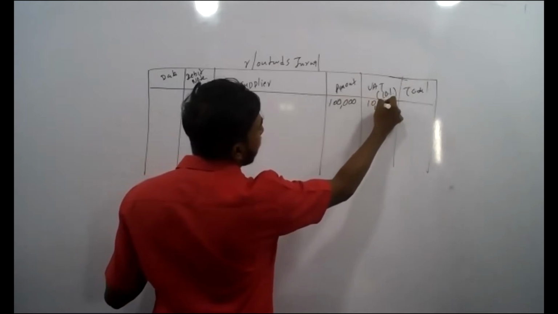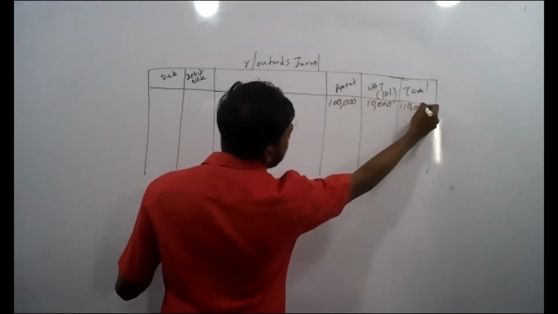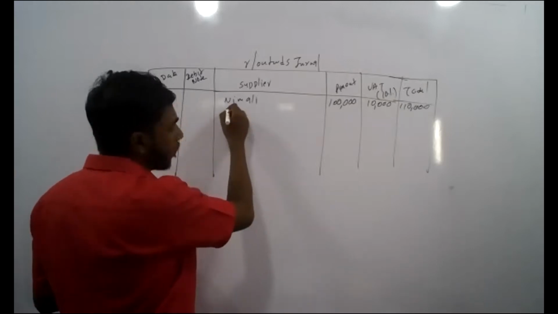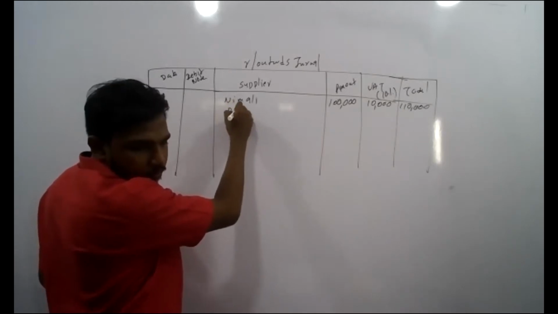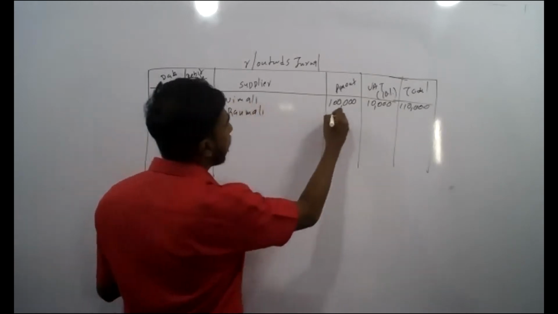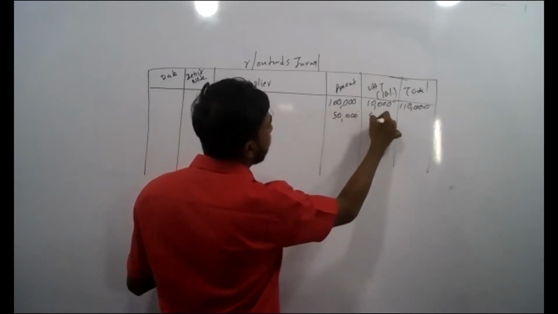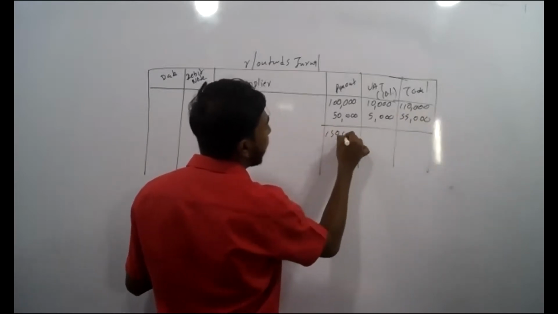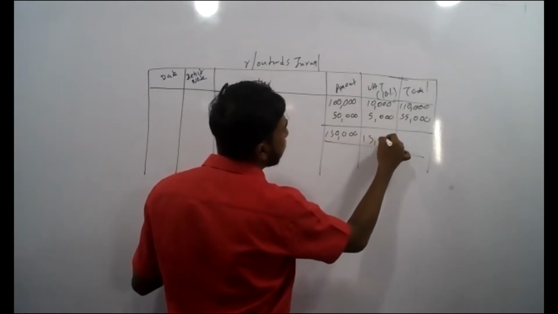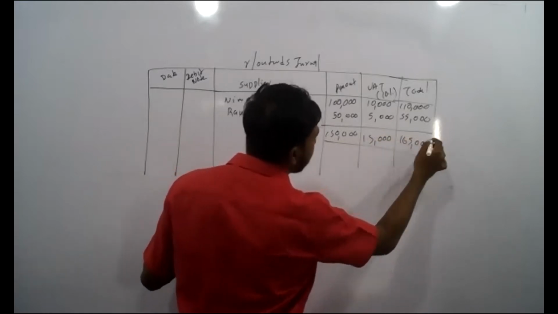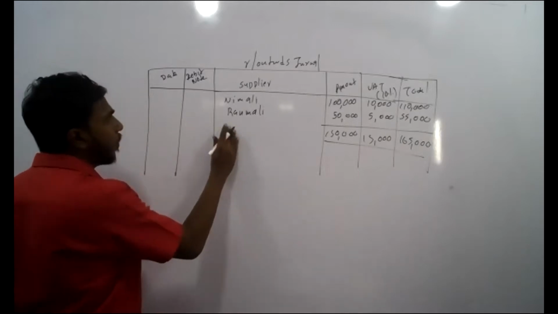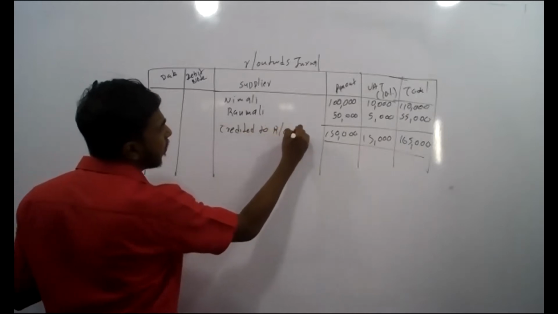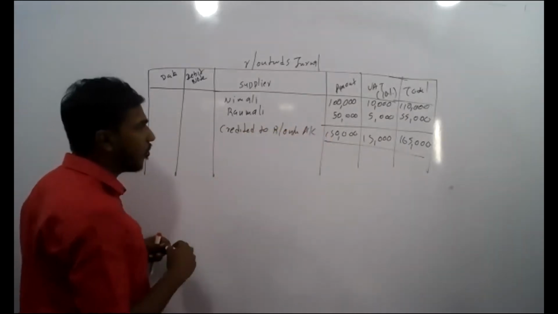Then this is 100,000, then 50,000, then the total amount is 150,000, and VAT is 15,000, so 165,000. It is credited to the return outwards account.